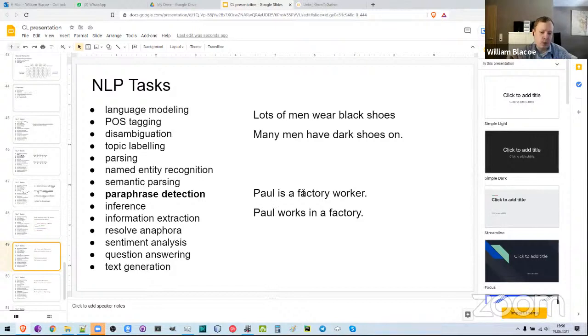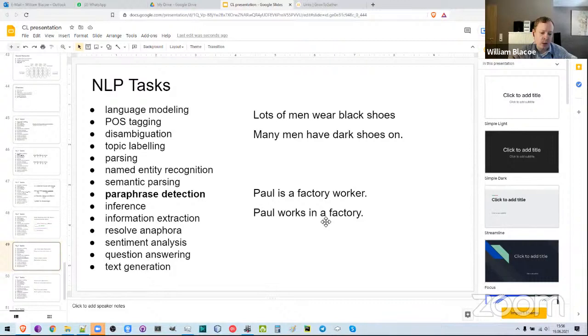Like Paul is a factory worker, and Paul works in a factory. They might contain many of the same words, but they have a very different structure. Like one is about what Paul is, and one is about what Paul does. And for a computer, that could be sentences have the same meaning as the top one.